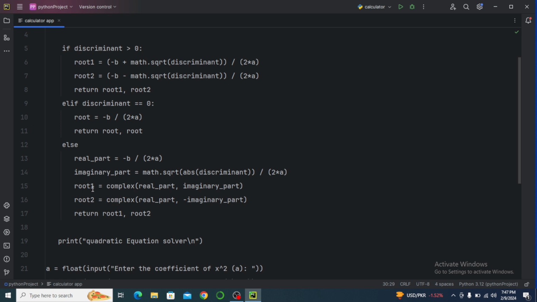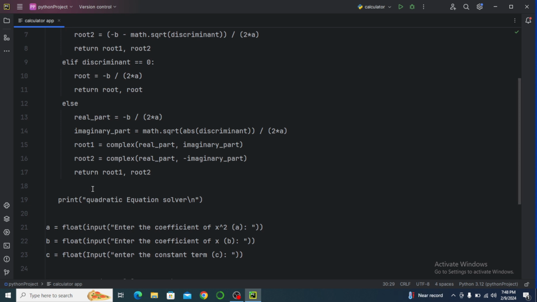Then we use elif for the second case, to provide an alternative, which in this case is if the discriminant is equal to 0. Then the equation will have 2 identical real roots, as we said. So the root will be minus b divided by 2 multiplied by a, and it's going to return root.